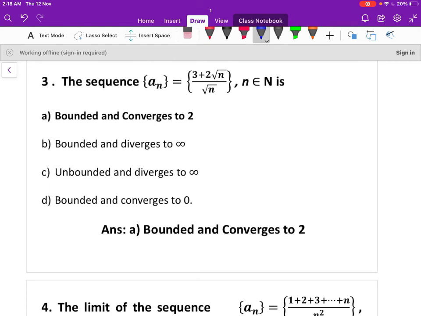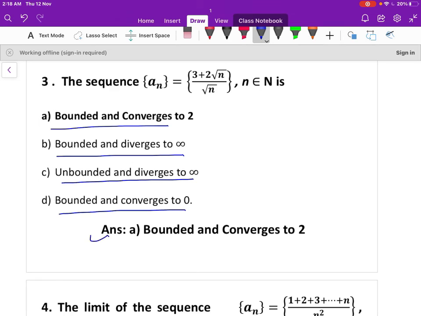The sequence a_n = (3 + 2√n)/√n, where n belongs to the set of natural numbers: is it bounded and converges to 2, bounded and diverges to infinity, unbounded and diverges to infinity, or bounded and converges to 0?